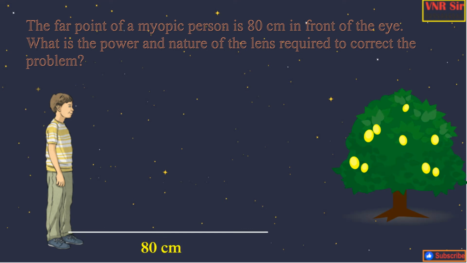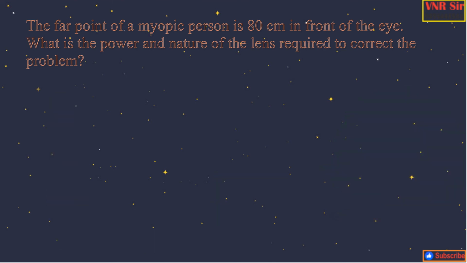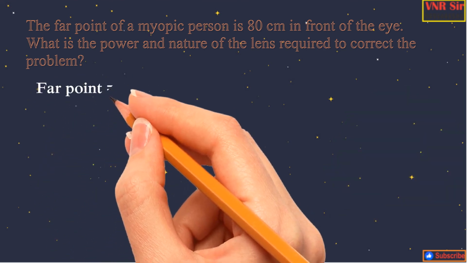If an object is at 90 centimeters, he cannot see it clearly. If the object is at 70 centimeters, he can see it. So his far point is 80 centimeters. Generally the far point is infinite for a healthy person, but for this person it is 80 centimeters, not infinite. So the far point x is equal to 80 centimeters.